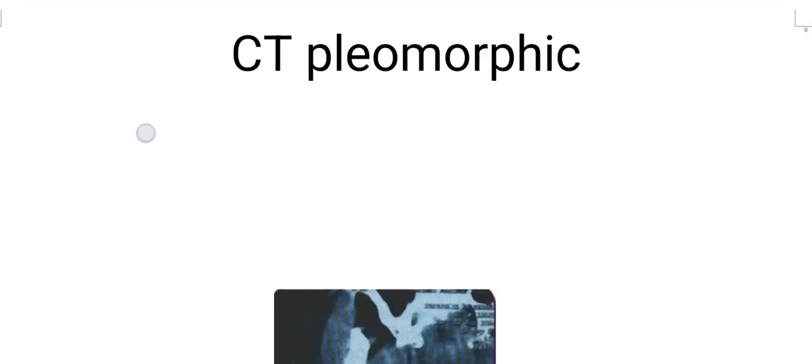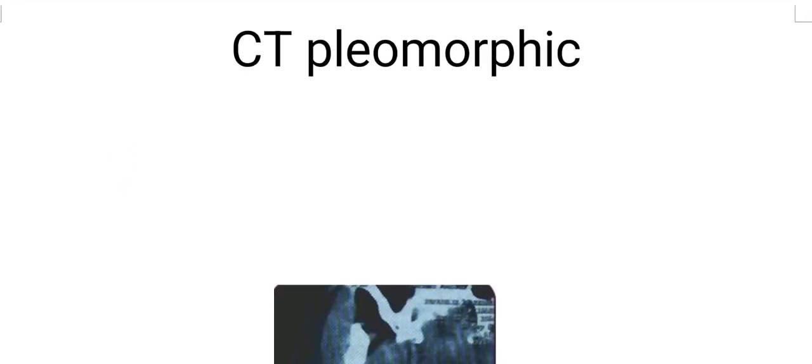In this picture, this is the CT image taken for the parotid gland, and this is also a case of pleomorphic adenoma. CT is very difficult to understand at this stage, but anyway, an image can be there in the exam, so we have to see this picture and then give the answer.